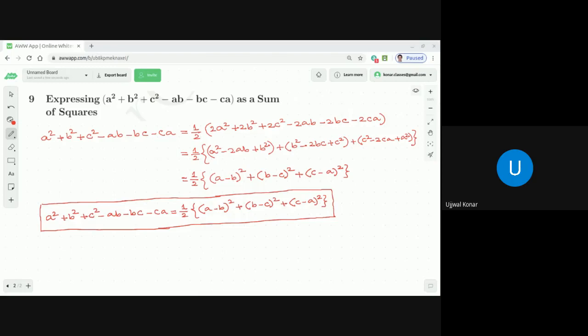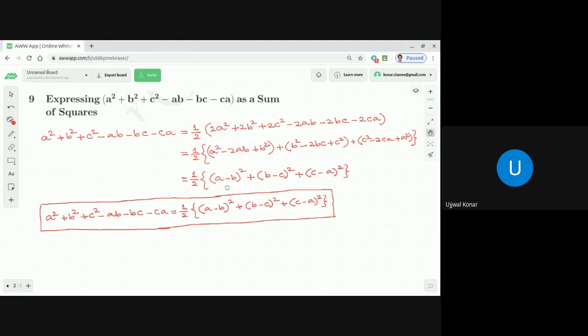Whatever you see on the right hand side is a positive real number. So the left hand side is also a real number. So for any real numbers a, b, c, a square plus b square plus c square minus ab minus bc minus ca is always positive. That is a very important observation.